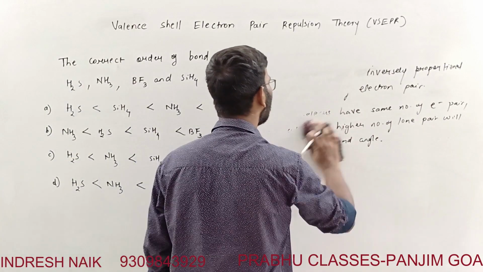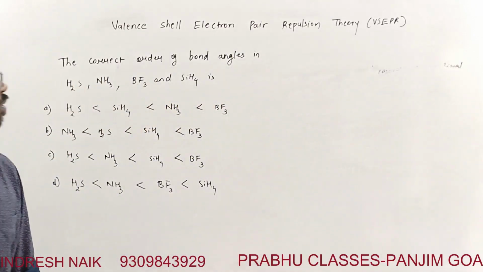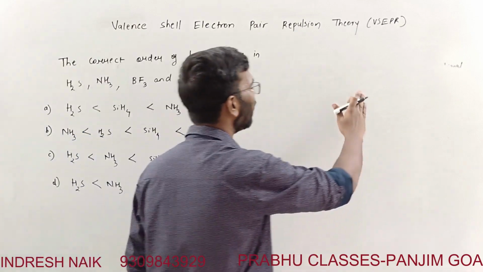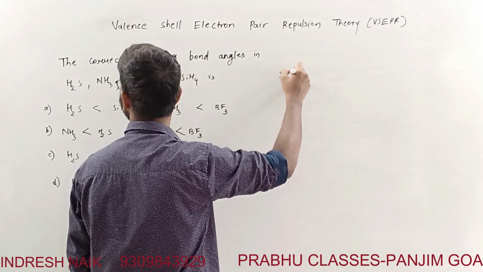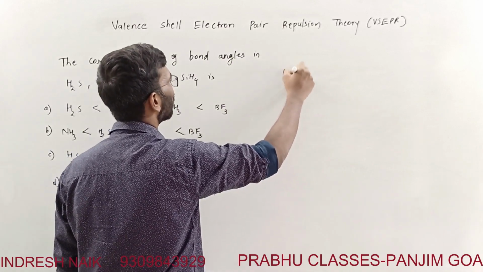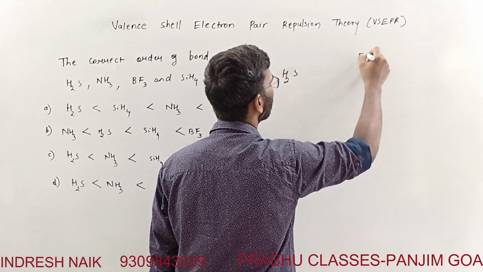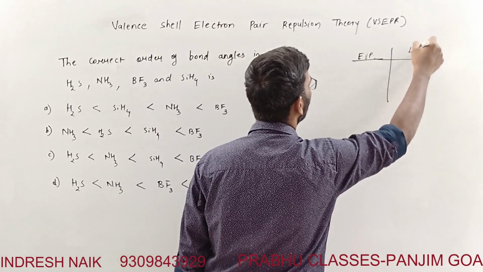Okay, I'll just write the lone pairs and the electron pairs for each of these. So lone pair is a part of the electron pair, no? We'll start with H2S. What is the number of electron pairs? I'm just writing EP for this, and this is for lone pair.